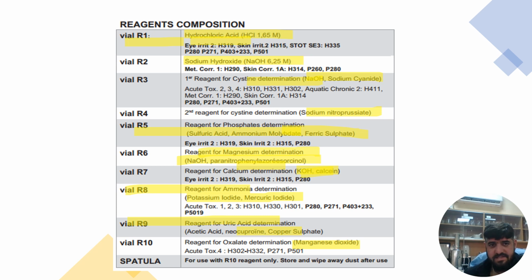R6 contains sodium hydroxide and para-nitrophenyl azo-resorcinol. R7 contains potassium hydroxide and calcein. R8 contains potassium iodide and mercury chloride. R9 contains acetic acid, neocuproine and copper sulfate, and R10 contains manganese dioxide.